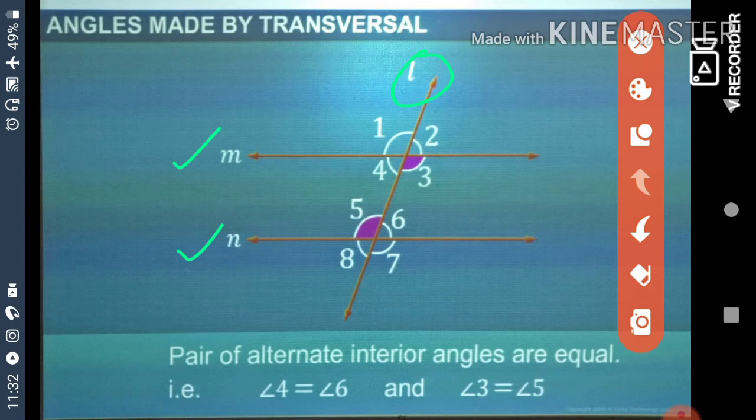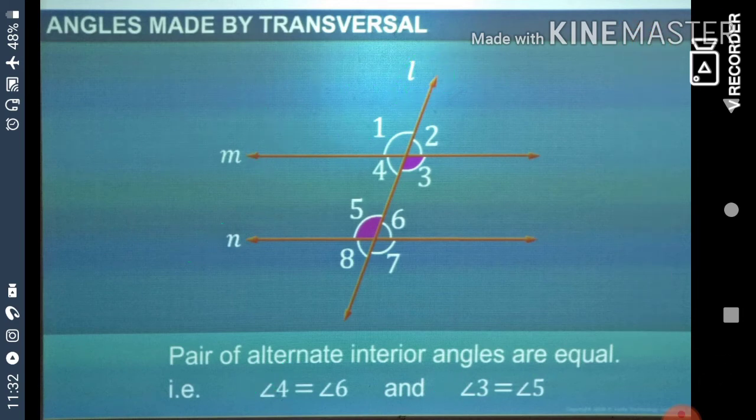They have given that angle 4 is equal to angle 6 and angle 3 is equal to angle 5. So in that case, M will be parallel to N. We can imply this due to the converse of the theorem.